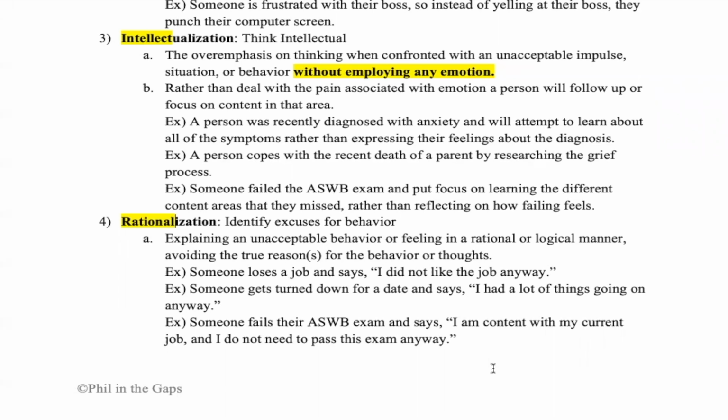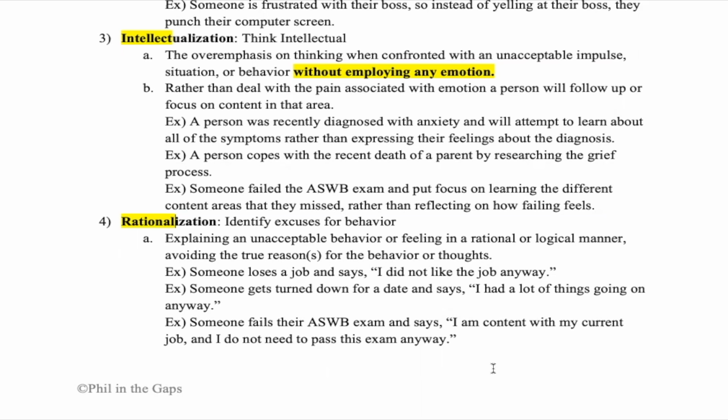So, stated in a different way, it's explaining or trying to come up with an excuse for an unacceptable behavior or feeling in a rational or logical manner, which is avoiding the true reason and or multiple reasons for the behavior or thoughts that they're experiencing.